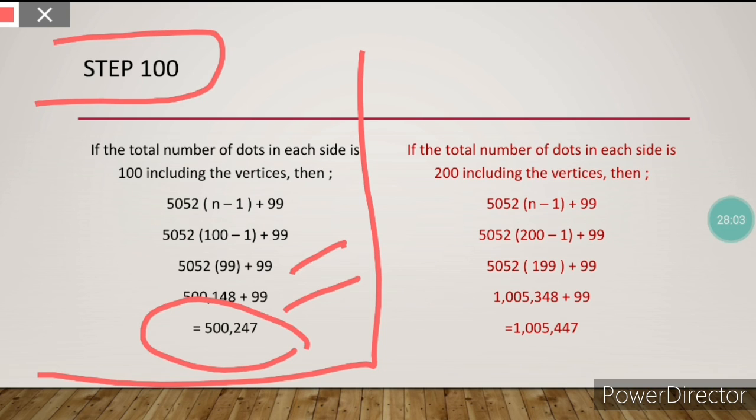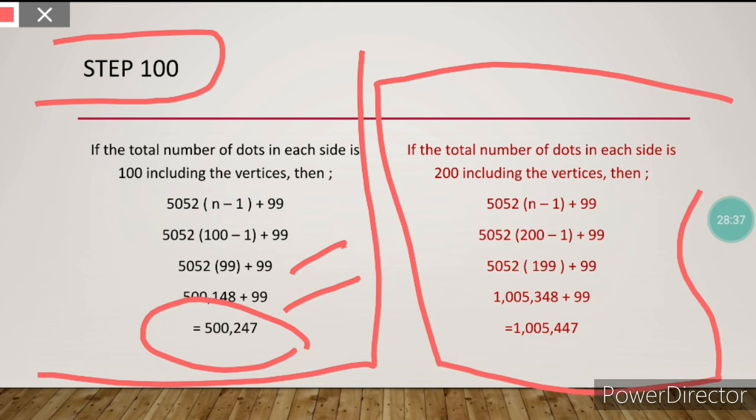Therefore, if the total number of dots in each side is 100 including the vertices, then the total number of dots in step 100 is equal to 500,247 dots.